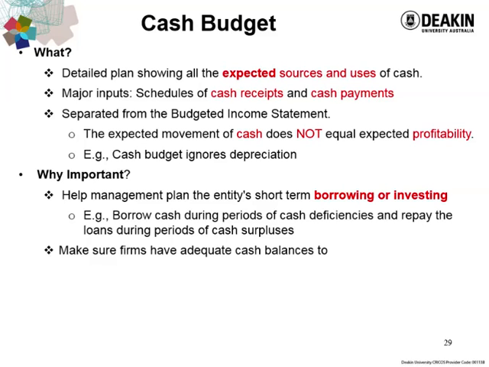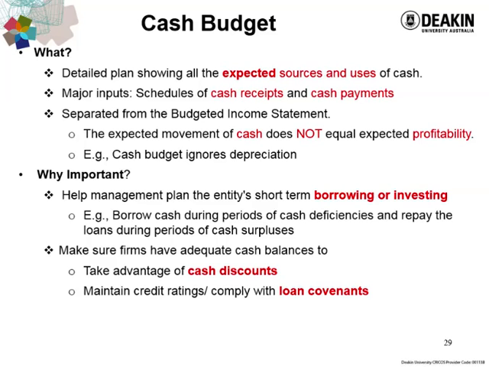It is important for companies to make sure that they have enough cash balance for the following reasons. First, companies can take advantage of cash discounts. If they have excess cash, they can pay suppliers earlier, or buy inventory in bulk to enjoy the discount. Companies quite often need to maintain a degree of liquidity to comply with debt covenants or loan agreements and maintain credit ratings.